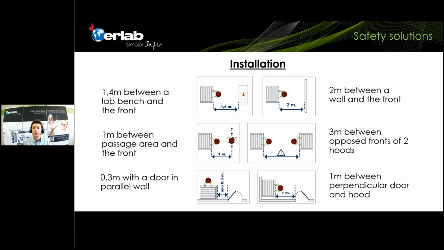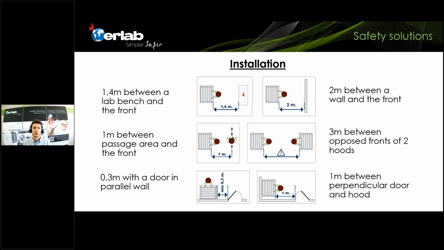By applying these good practices, by installing the fume hoods away from a table, away from a closed wall, by informing your colleagues that they cannot pass behind you at less than 1 meter, for example. These are things that are obvious, you may say, but it's really important just to think about that.